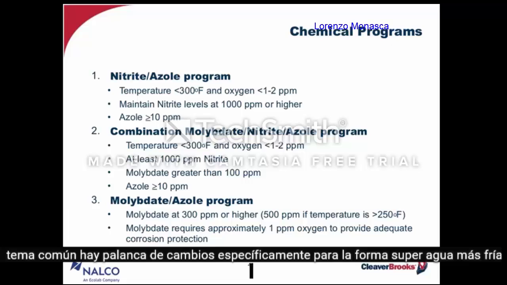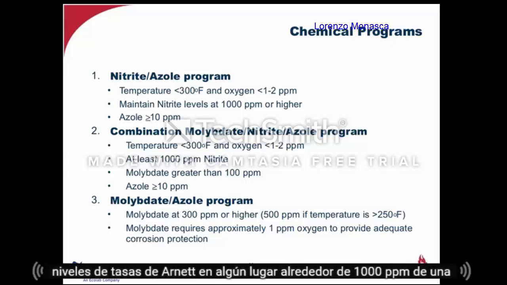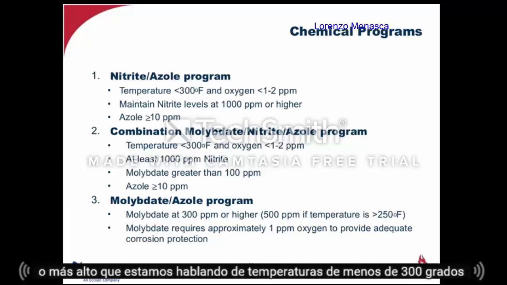Again, these are specifically for hot water boilers, so we're focused in on mild steel, carbon steel elements, not some of the other metallurgies that you might see in closed loops. But starting from the top, nitrite azole program, we want to maintain our nitrite levels somewhere around 1,000 ppm or higher.